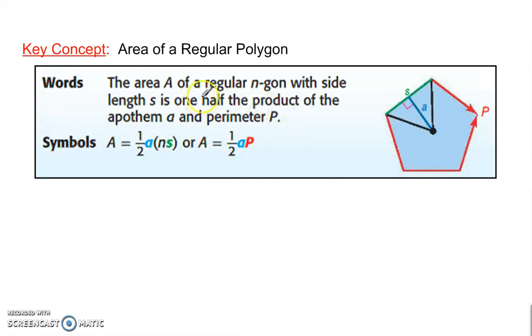Alright, the area of a regular n-gon, so however many sides it has, with side lengths s, is 1/2 the product of the apothem and the perimeter. So here n means how many sides it has times the side length. So the side length times how many sides it has gives us the perimeter, based on this triangle right here.